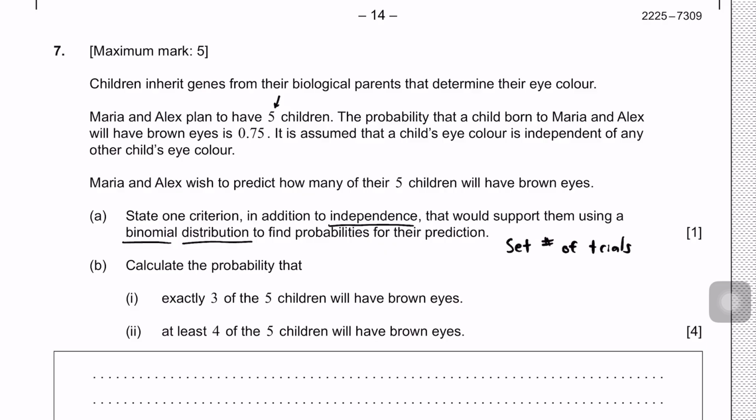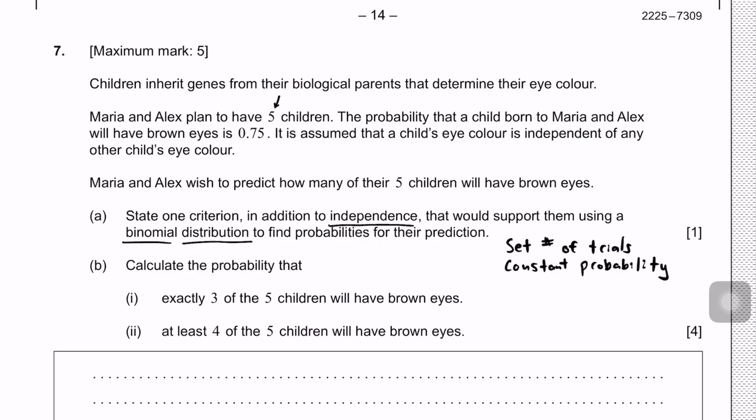So independence, set number of trials, and then we also need constant probability. So probability needs to remain constant. So if these are the case, then we can use our binomial distribution.